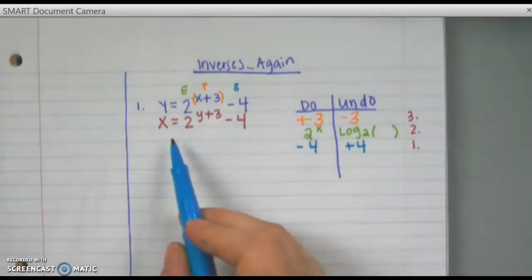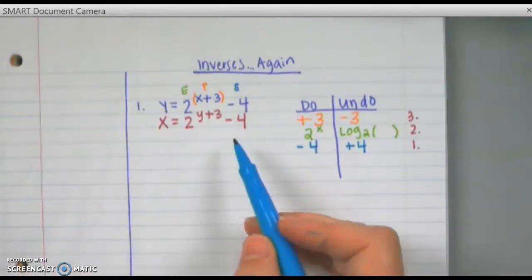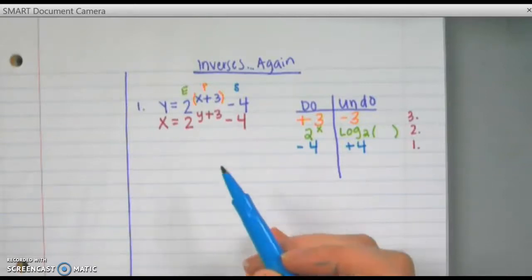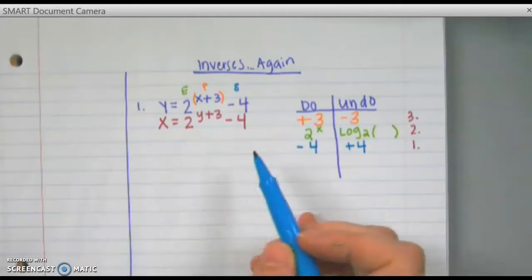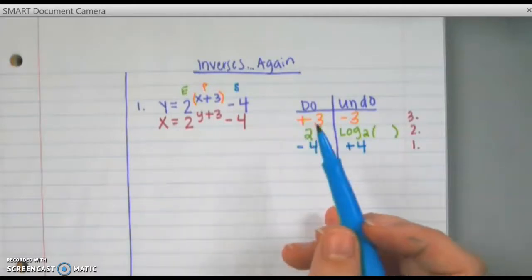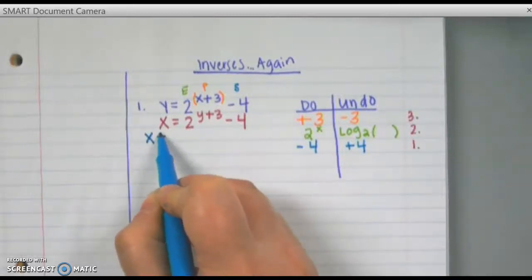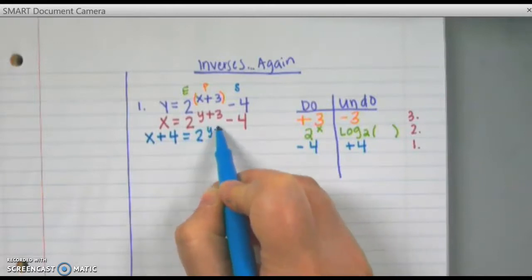Keep in mind, I do not have any like terms. I'm not making this equation any smaller. I'm just rearranging it, doing the opposite, and my goal is to move these things away from the y. Following my undo list is moving things away from the y. When I add 4 to the left, I'm not combining it with anything.